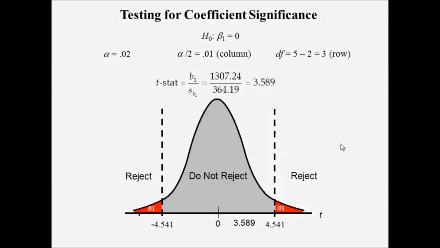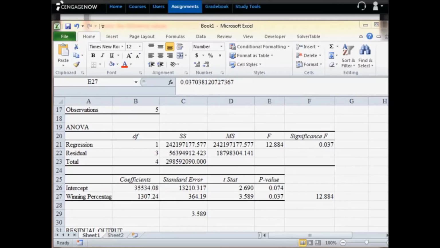And since the t statistic is in the do not reject region, the null is not rejected at 2% significance. Using the p-value of the test statistic, 0.037, notice that 0.037 is bigger than the alpha level of 0.02.